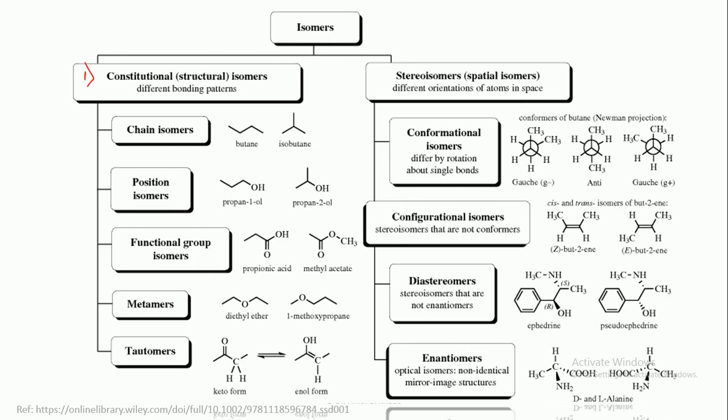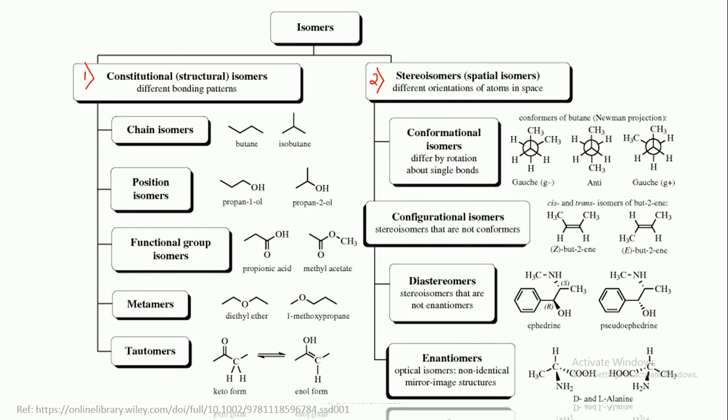The first category is the constitutional, also referred to as structural isomers, and the second broad type is the stereoisomers. In stereoisomers, the arrangement of atoms in 3 dimensions, in space, is different. You can visualize these molecules in 3 dimensions, and the arrangement of atoms in 3 dimensions is totally different. Such compounds we refer to as stereoisomers.